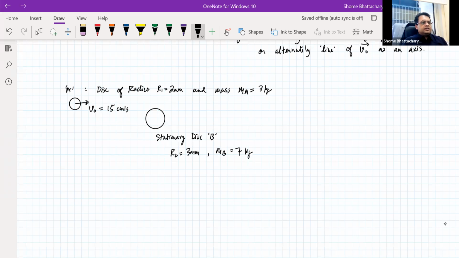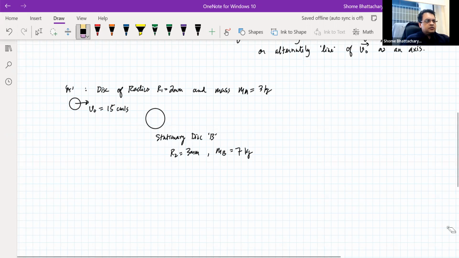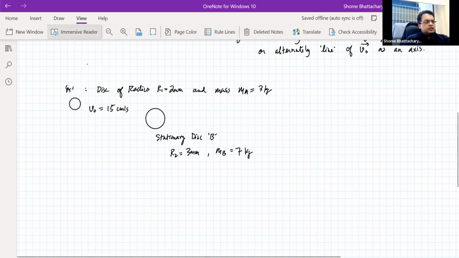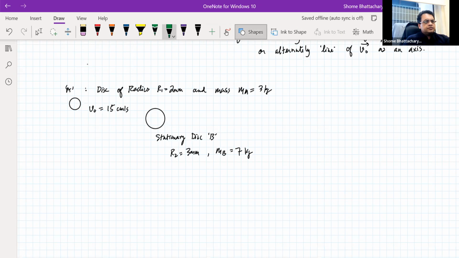And now the additional parameters given to us, I'll just explain the parameter. So the velocity vector of this one is, let's say, like this. This is the velocity vector. So that is our v naught.